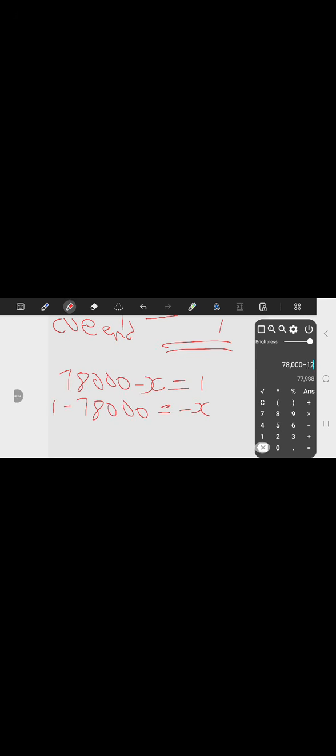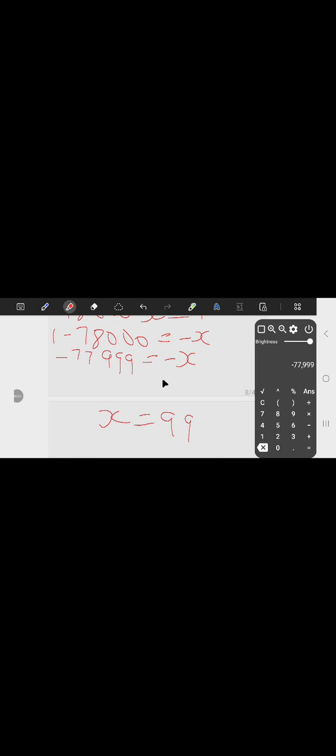Let's go to our calculator. 1 minus 78,000 is equal to negative 77,999, which is equal to negative x. Now we remove the negative, divide by negative 1 on both sides.